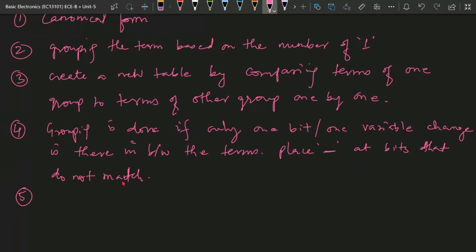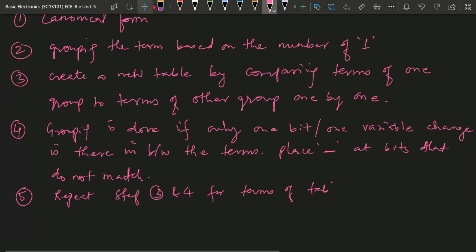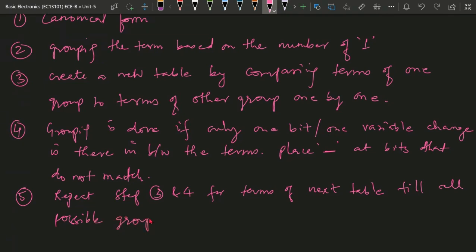And the same thing will be repeated. Now repeat steps 3 and 4 for terms of the next step, till all possible groupings are done.